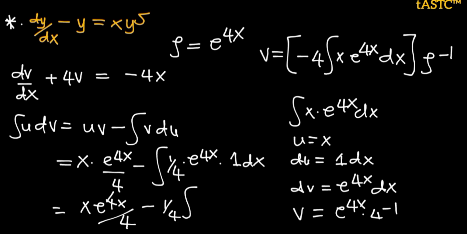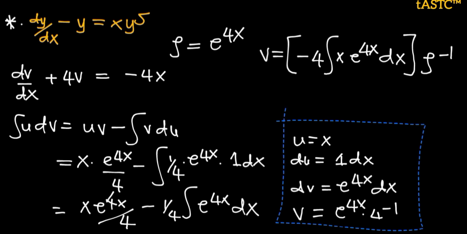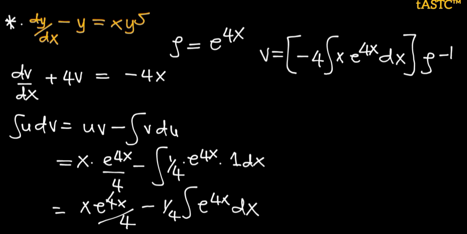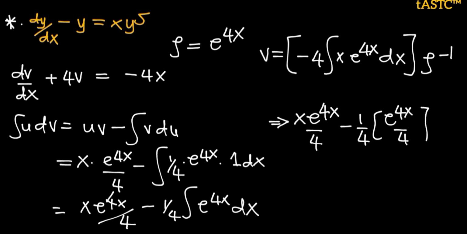Now integral e to the 4x is what we have. What is going to be the integral of e to the 4x? So basically that should give us e to the 4x divided by 4. I think I could wipe these out for now. So we're going to have x e to the 4x divided by 4 minus 1 over 4 multiplied by e to the 4x divided by 4.